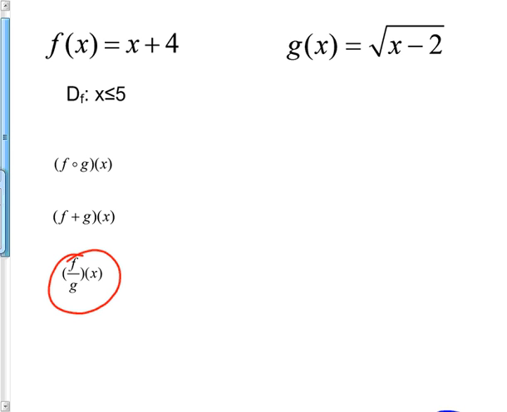F of x is on top. G of x is on the bottom. That's not that complicated. Well, that's the right answer for f of x over g of x. But what about the domain?